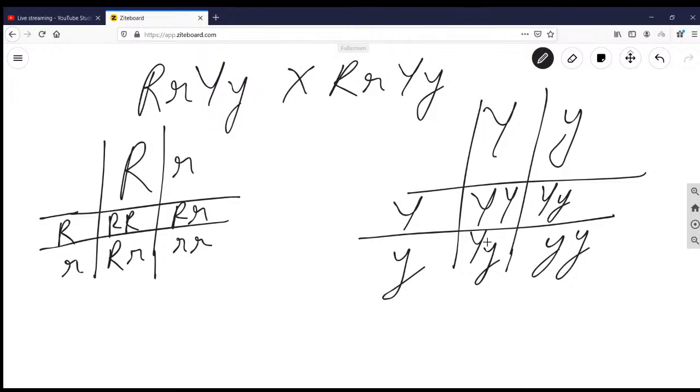Okay. So now when we have gone for two monohybrid crosses, what is the probability of getting small r here, that is 1/4. Here it is 1/4, right? Here also it is 1/4 for small y.